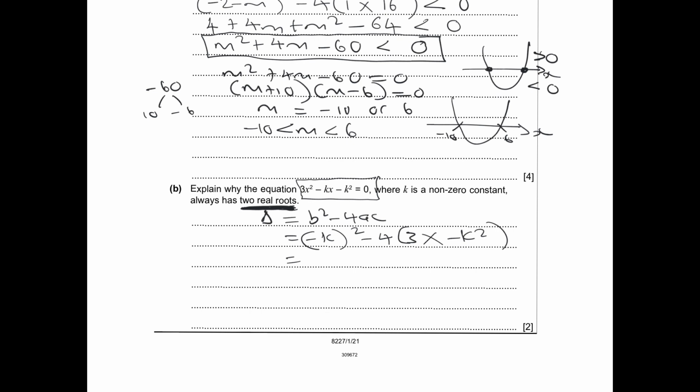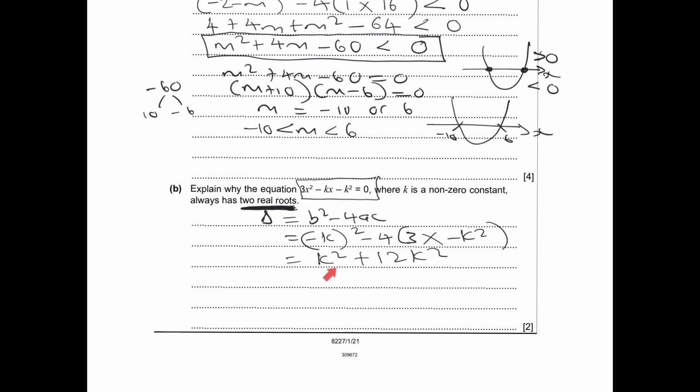Now, if we simplify that, negative k squared, we get k squared. All right. And then 3 times negative k squared, we are going to get negative 3k squared times negative 4. We get positive 12k squared. All right. Now, we need to explain that this here is greater than 0 for us to have two real roots.